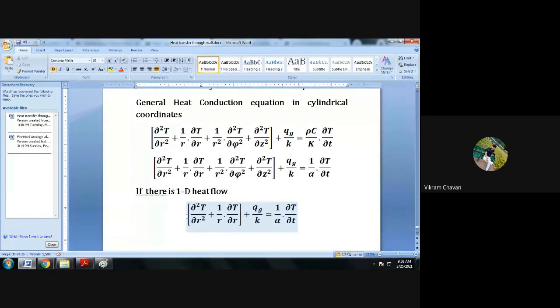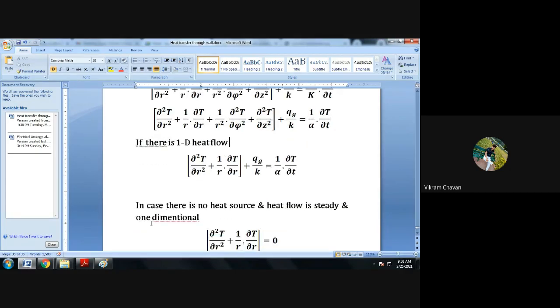It will be equal to ∂²T/∂r² plus 1/r multiplied by ∂T/∂r plus qg divided by k is equal to 1/alpha multiplied by ∂T/∂t. If there is no heat source present in the cylinder and heat flow is steady and one-dimensional, no heat source present means the heat generation per unit volume per unit time will become 0, and steady heat flow means the temperature change with respect to time will become 0.